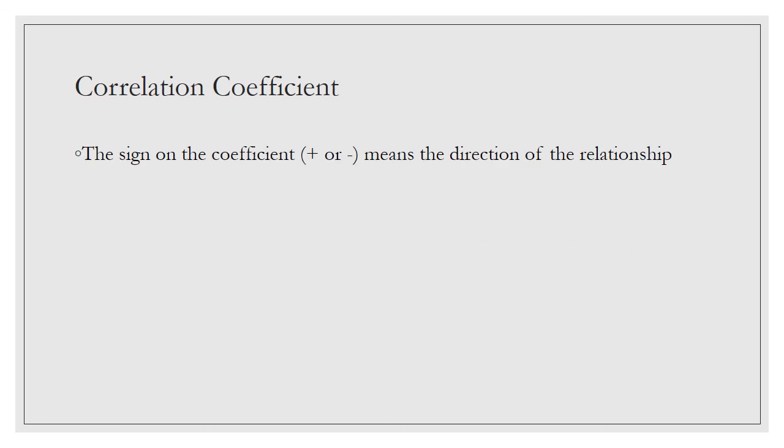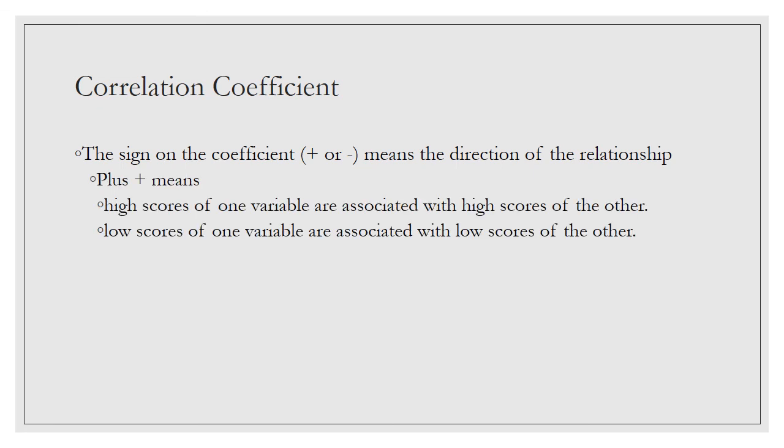That brings us to what the sign means. The sign of the coefficient, plus or minus, means the direction of the relationship. A positive value means high scores on one variable are associated with high scores on the other. We also can think of it as low scores being associated with low scores on the other, so they're going in the same direction. For example, with our math and science tests, if we have a positive relationship, as you see larger math test values, you expect to see larger science test values.